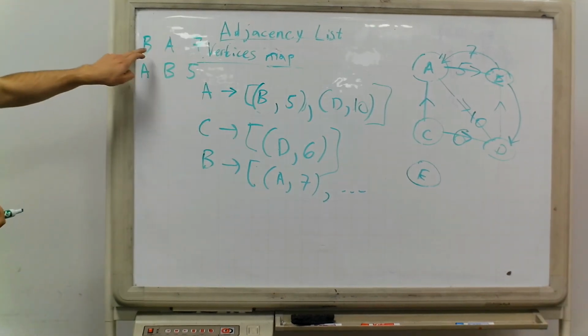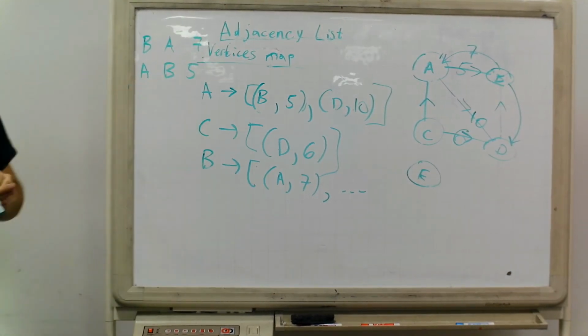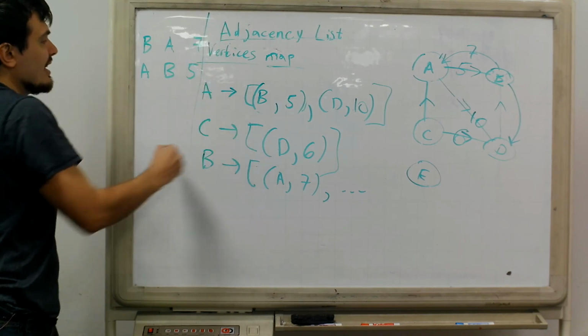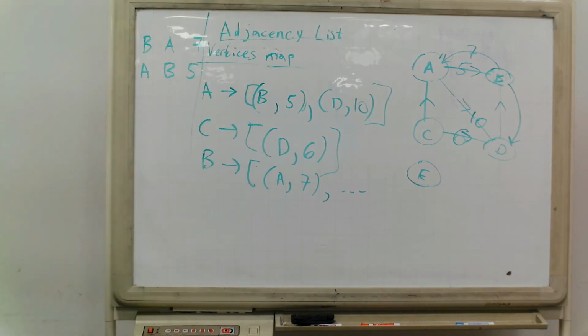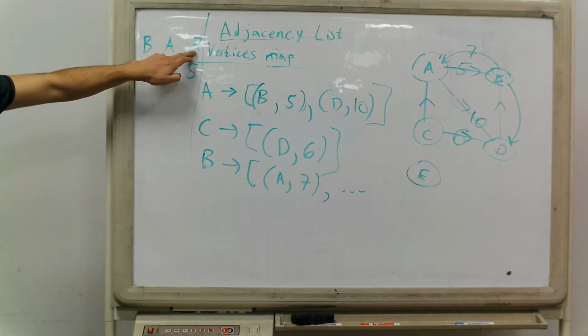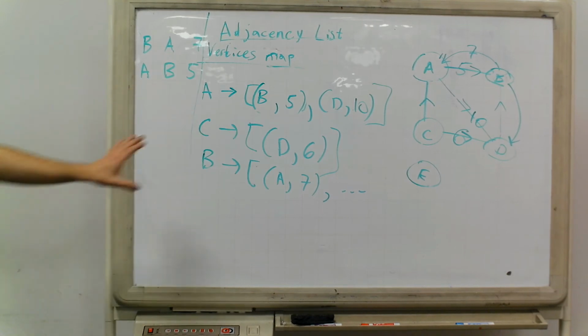This is saying there's an edge from B to A with weight 7, there's an edge from A to B with weight 5. And it's not hard to imagine how you put it into this format.